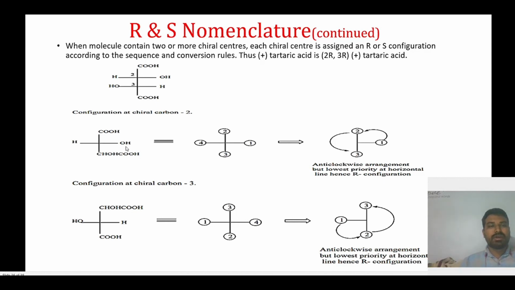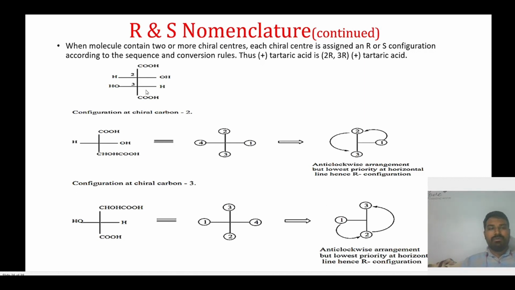Considering the configuration at chiral carbon second, the first priority order is 1, 2, 3 and this is 4. Now we go likewise. It is anti-clockwise, but the lowest priority is on the horizontal line, so it is R configuration.